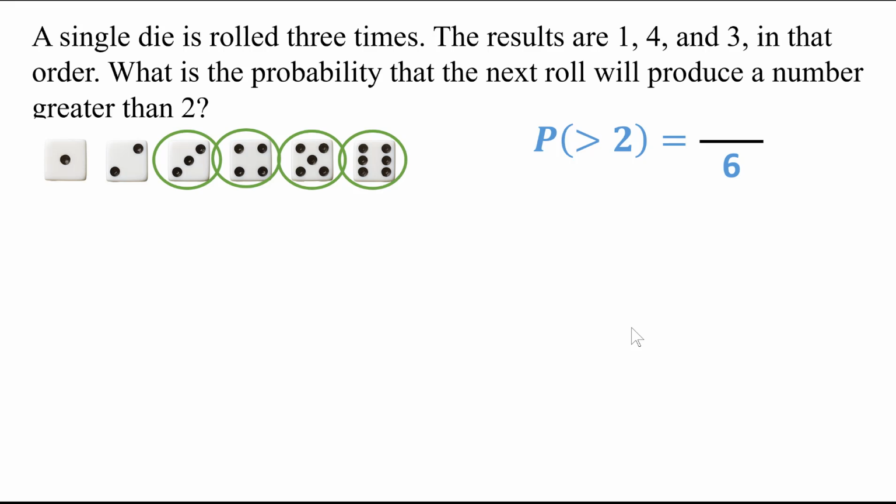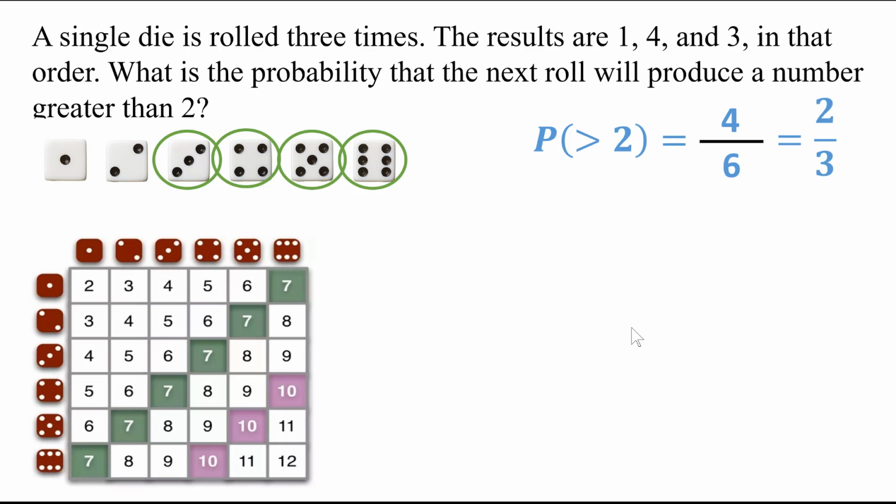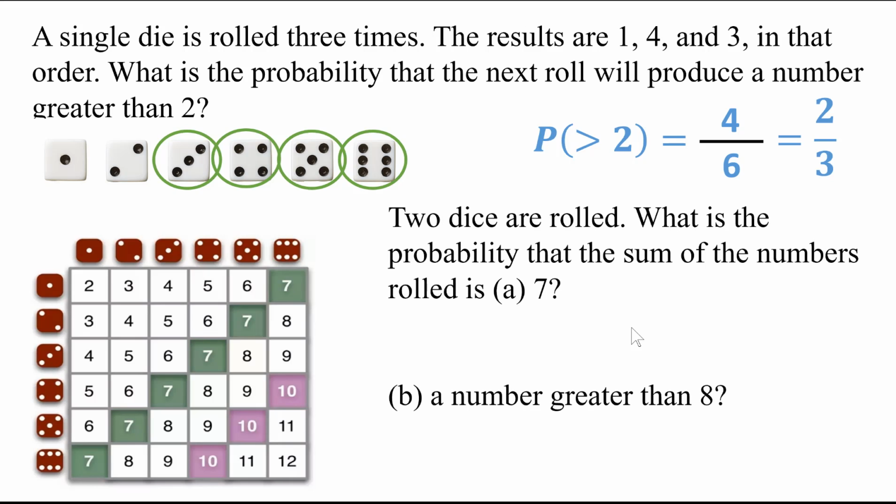So there are 4 rolls you could get that would be greater than 2. That is the number that goes in the numerator of the fraction, the number of events that fulfill being greater than 2. So 4 over 6 is the probability of rolling a number greater than 2, and you can reduce that to 2/3.